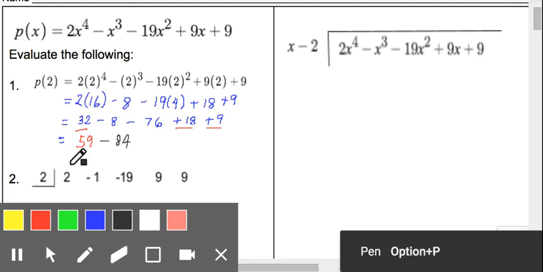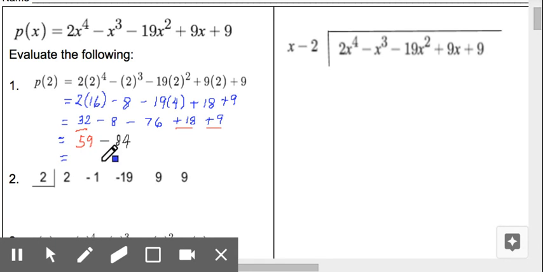Now we can simplify, and we'll have 59 minus 84 is negative 25. So this means that when the value of x is 2, or when the input is 2, the value of the function is negative 25.